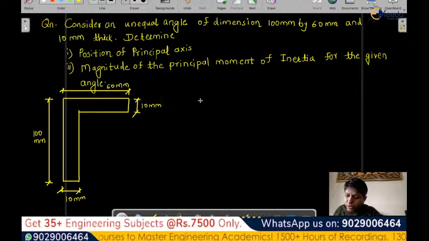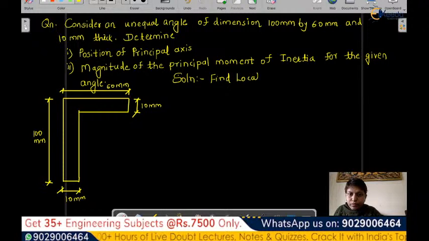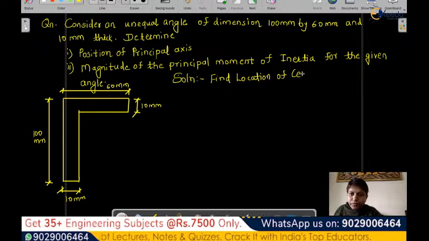So let's find out the location of the centroid.